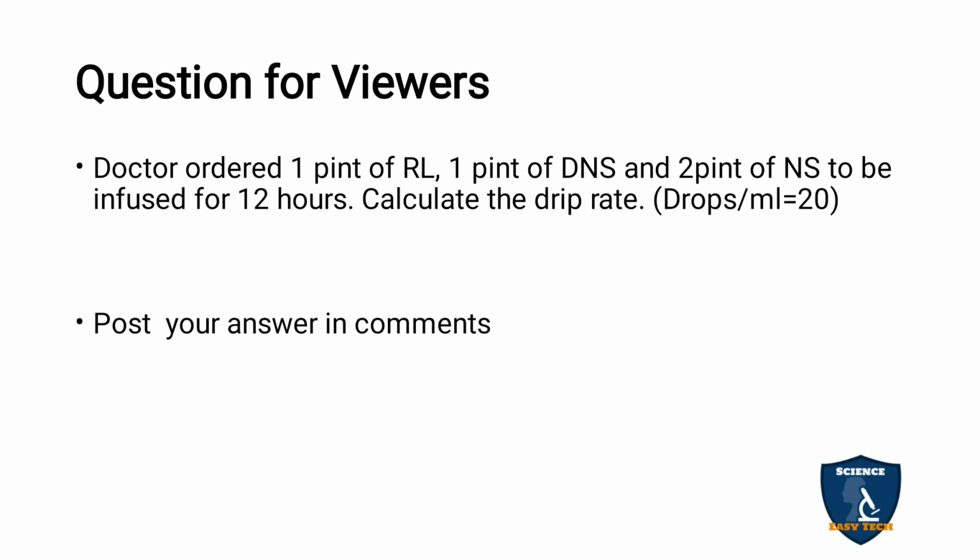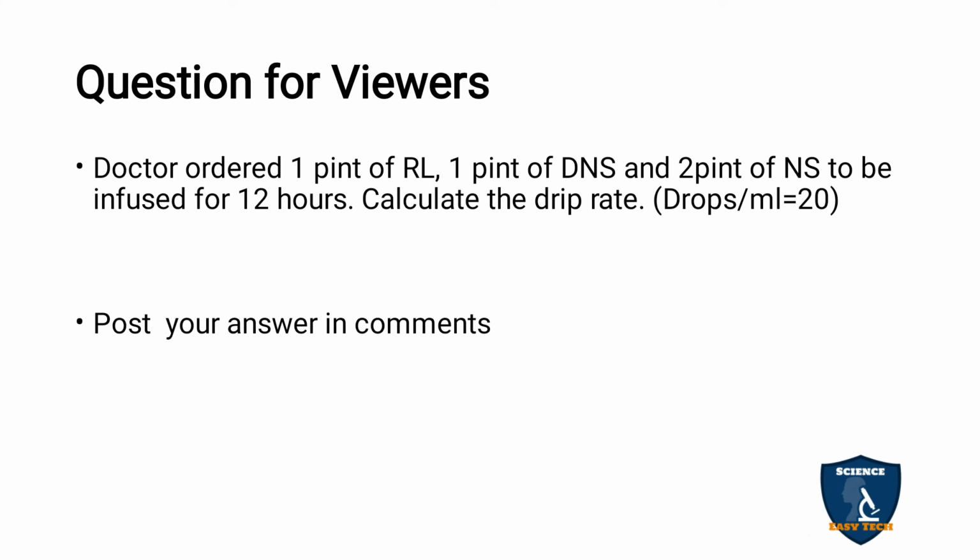Question for viewers. The doctor ordered 1 pint of ringer lactate, 1 pint of DNS and 2 pints of normal saline to be infused within 12 hours. Calculate the drip rate. Here the drop factor per ml is 20.